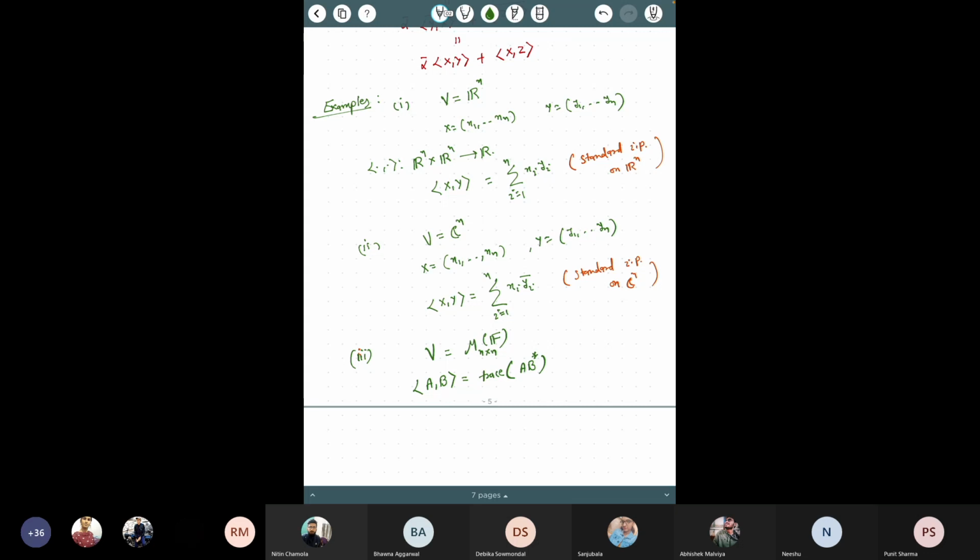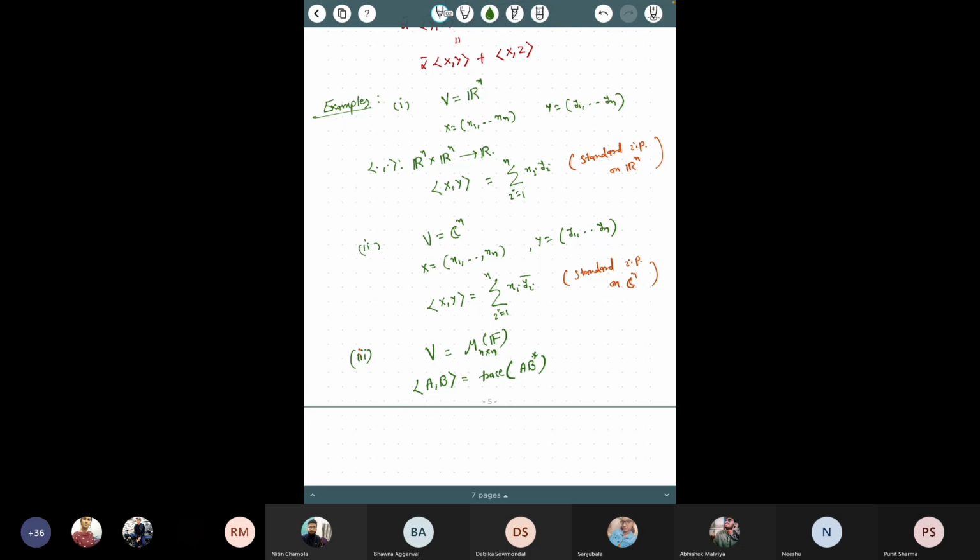I hope that you know this notation. So this is the function I'm talking about. You take 2 matrices A and B and define this product by using the trace of the product AB star.